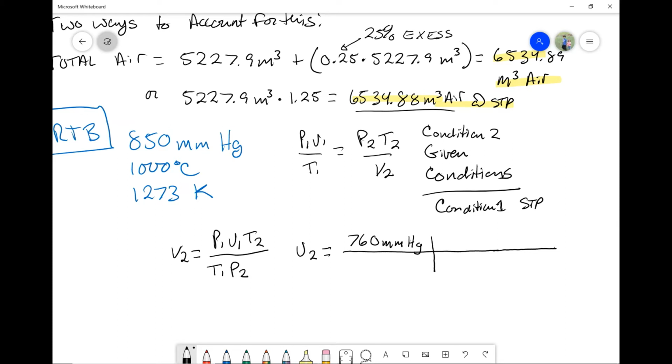And V1 is 6534.89 cubic meters. T2 is our new temperature, so 1273 K. T1 is at STP, so that's 273. And P2 is our new pressure, which is 850 millimeters of mercury.